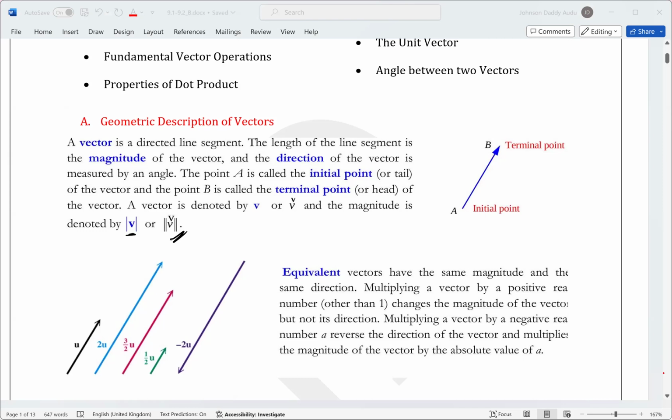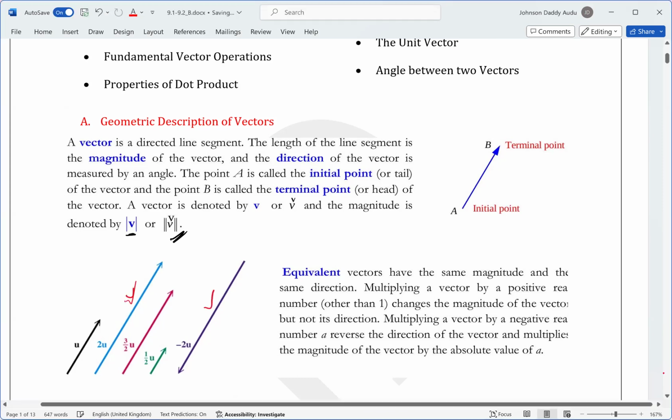You can see if you multiply this by 2, this vector is longer. And if you look at vector 2u and minus 2u, they have the same magnitude, but they have opposite direction. That is why one is going up and the other one is facing downward.